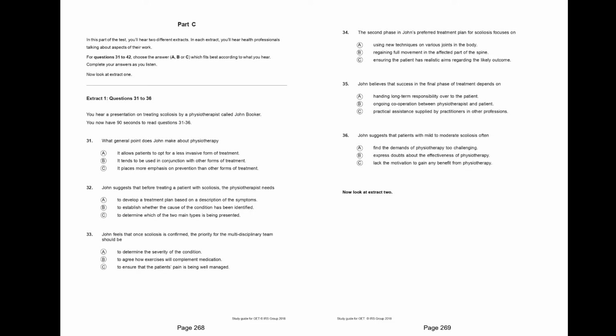For questions 31 to 42, choose the answer A, B or C which fits best according to what you hear. Complete your answers as you listen. Now look at Extract 1. Extract 1, questions 31 to 36. You now have 90 seconds to read questions 31 to 36.